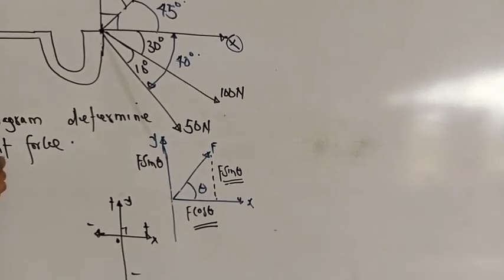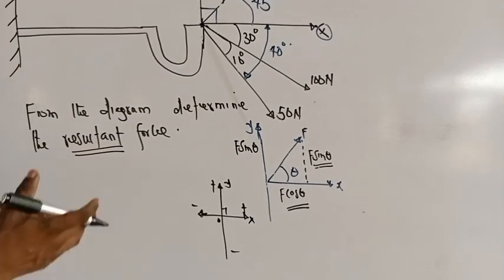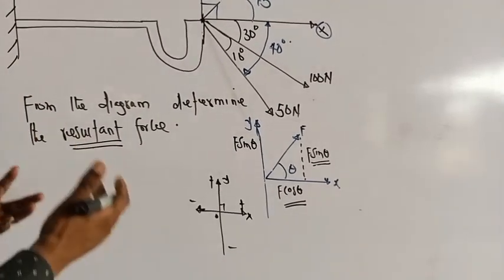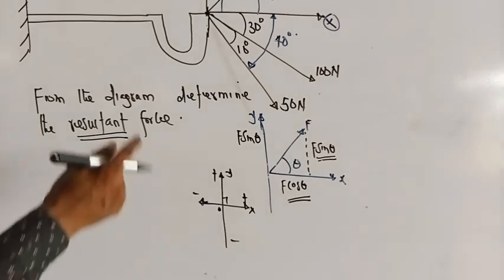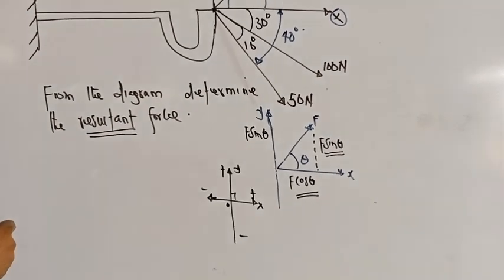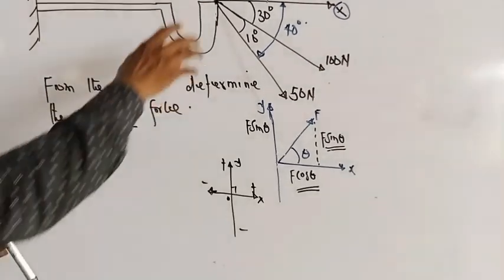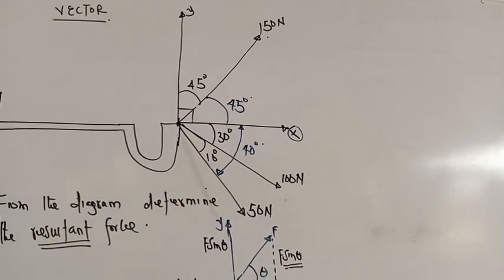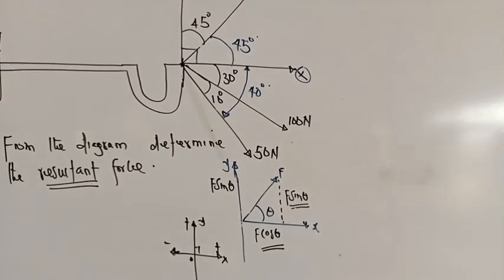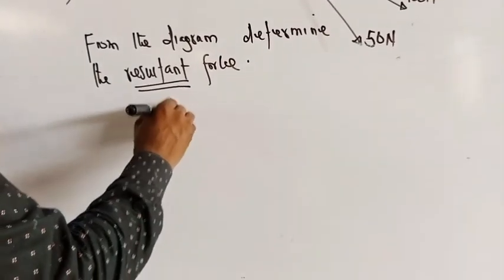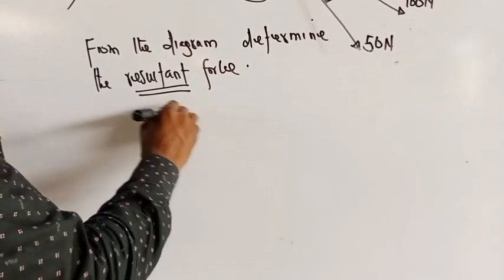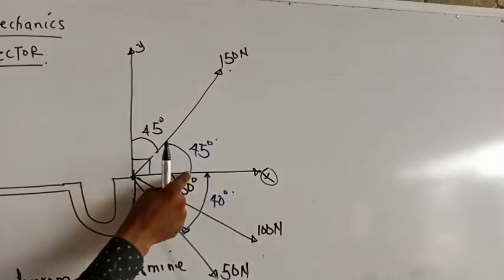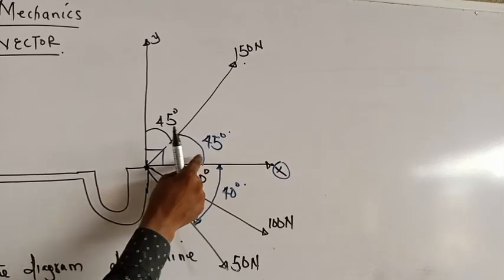That's the only way we can determine our resultant force. Resultant force is a single force whose value is equal to the sum of all forces acting at a point. It's a single force. So by resolving all these forces into a single force, we have our resultant force. So let's do that. I have my summation F of y. So I'm resolving this force now. The force is 150 and the angle inclined to the horizontal is 45 degrees.